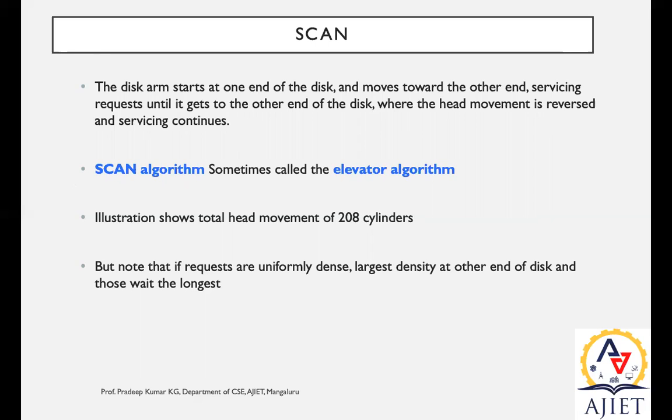Once it starts moving towards the right, it serves all the requests it gets in that direction, and returns when it reaches the other end. That is what we call the SCAN, elevator or staircase algorithm.